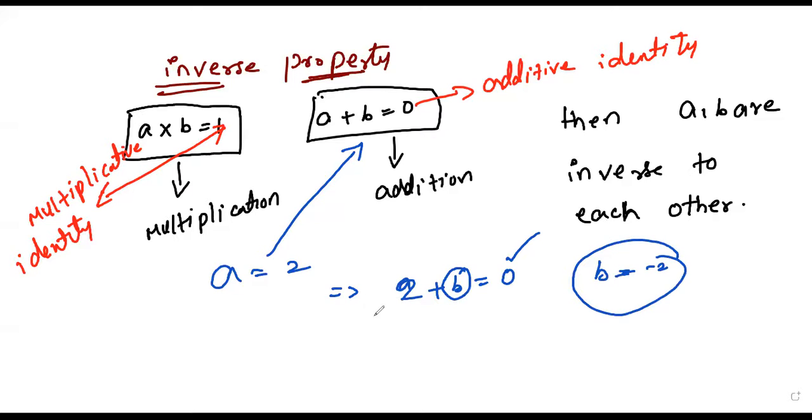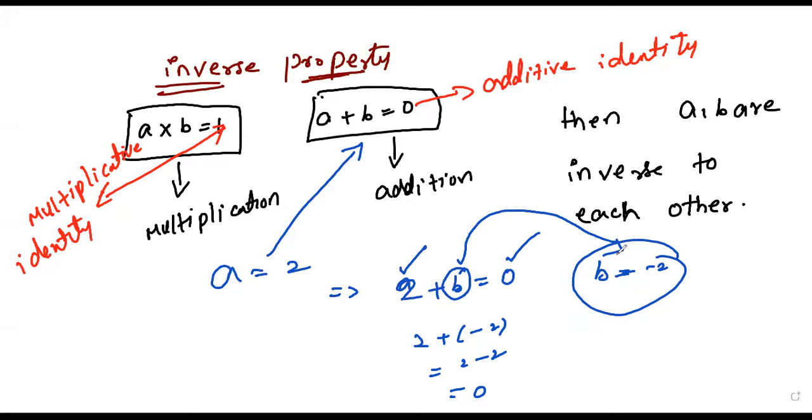If you substitute, in place of B I am substituting -2. Then what we get? 2 minus 2, which is obviously 0, right? So what I am telling is, if this is A, B must be minus A. If A is equal to 2, B must be -2.